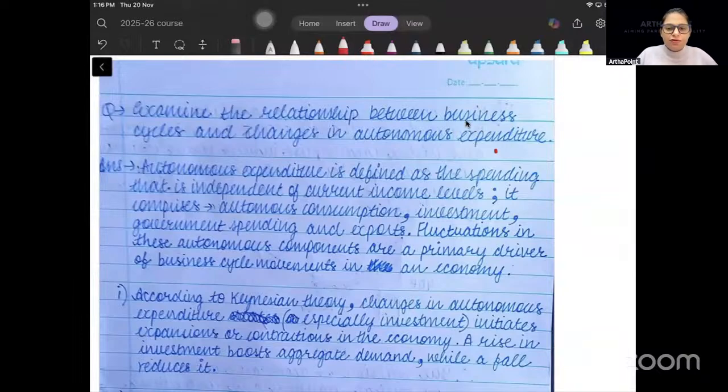Now, before we begin, you notice that the questions are not very straightforward, right? We have studied what business cycle is. We have studied what autonomous expenditure is, but it may never seem to you to directly link the two, isn't it?